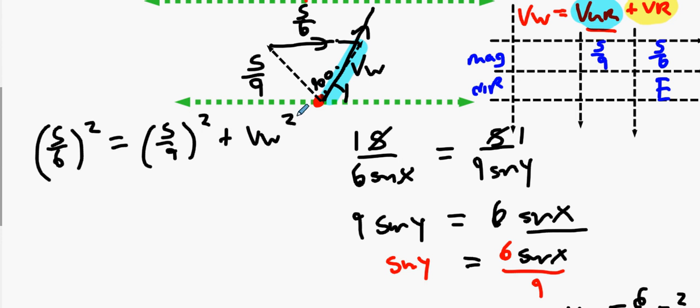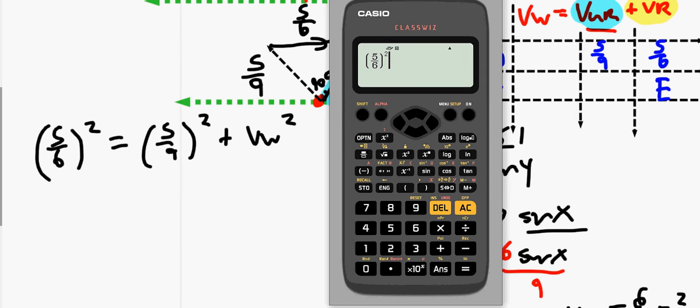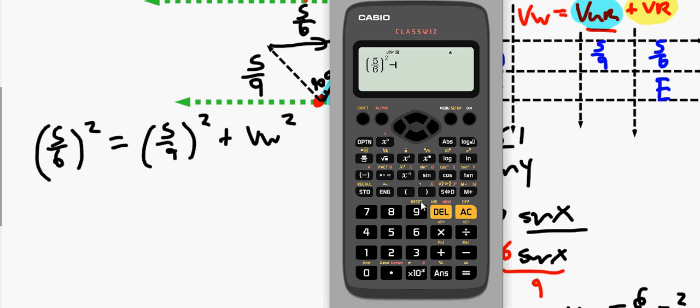So we'll do 5/6 squared take away 5/9 squared, and what we get here is 125/324, we square root it, and we get 5√5/18.